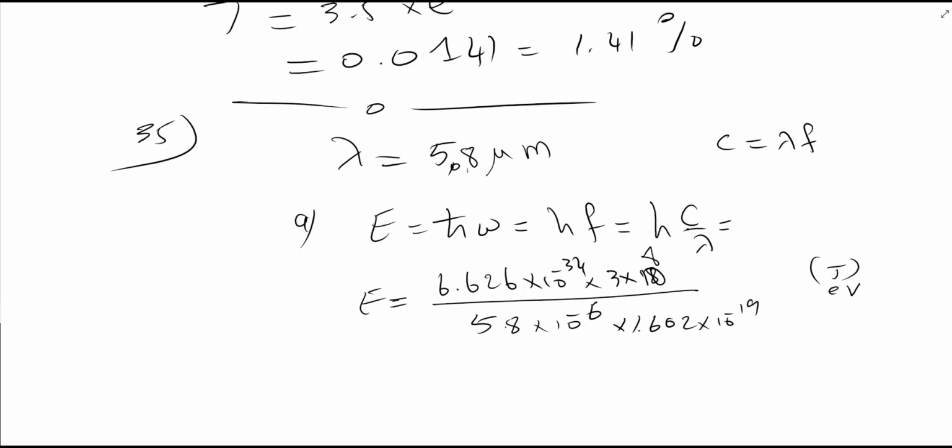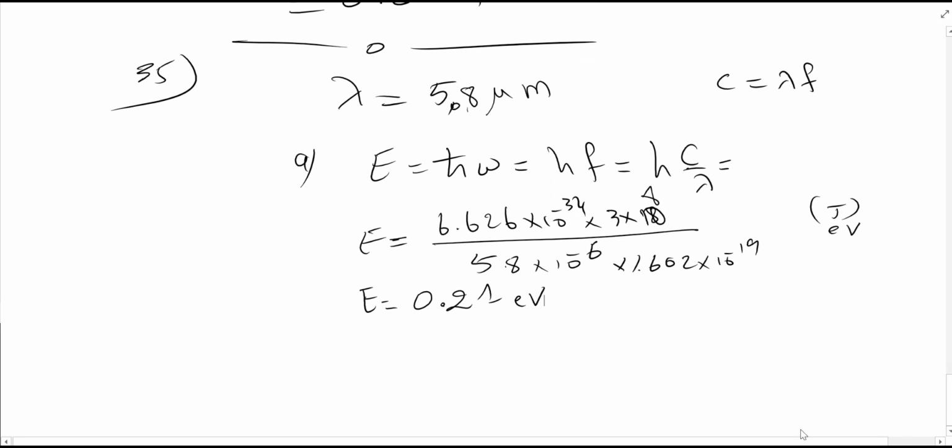It is much easier to say this many electron volts. 10 to the power 8, divided by the wavelength 5.8 times 10 to the negative 6, divided by 1.602 times 10 to the negative 19, and this whole thing is 0.21 electron volt. Infrared doesn't have much energy in it anyway, so as expected, this number is tiny.